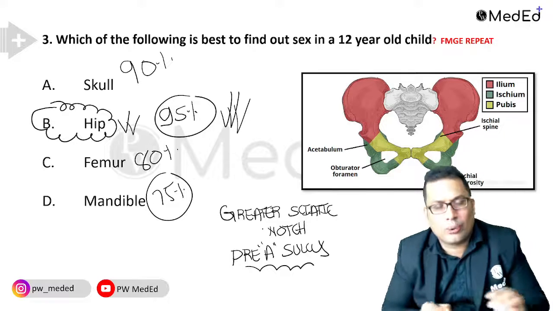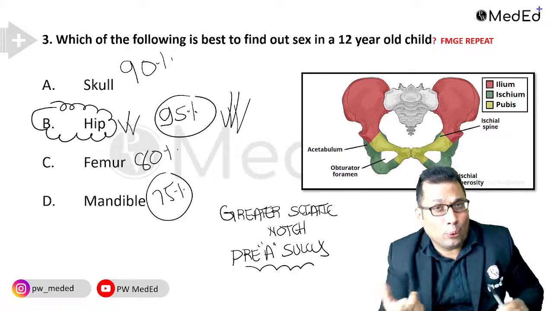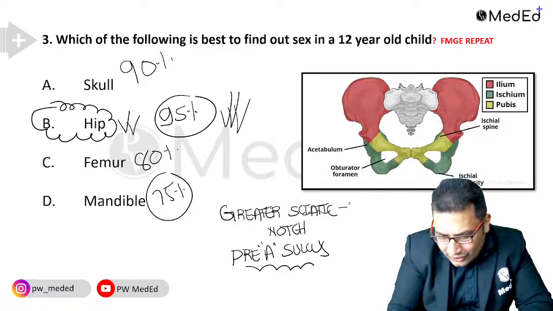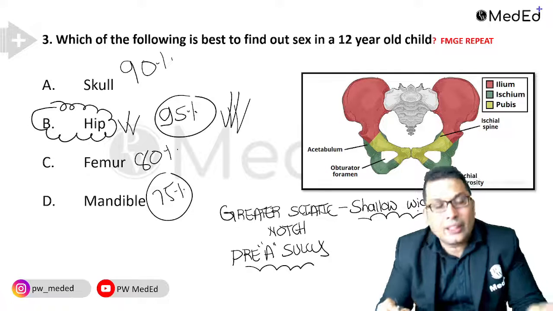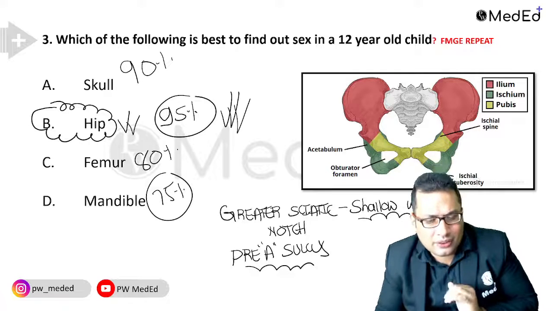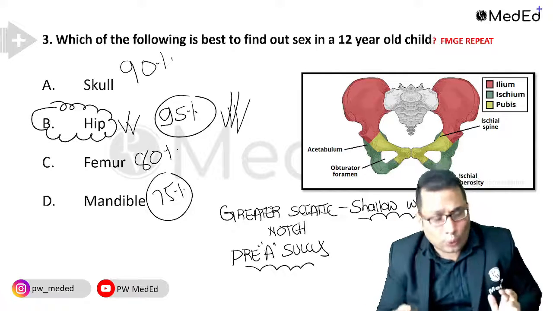These two points are very important. The greater sciatic notch in the female hip bone is shallow and wide. In the male pelvis, the greater sciatic notch is deep and narrow.